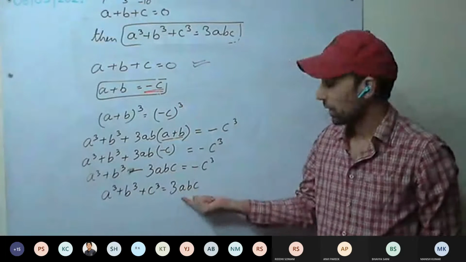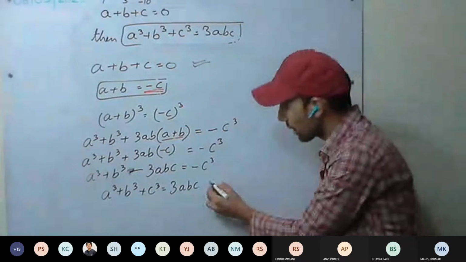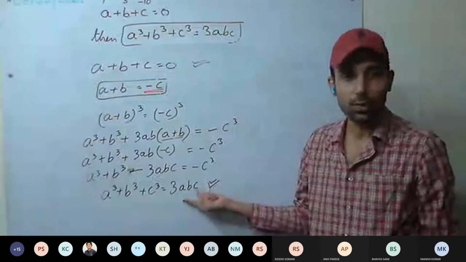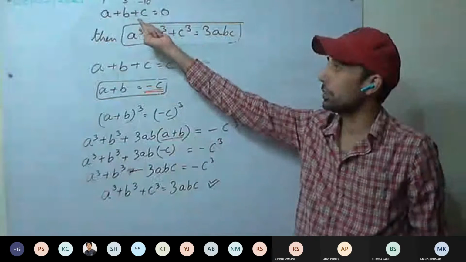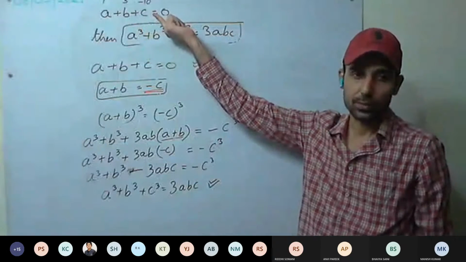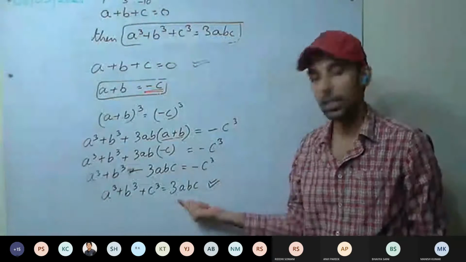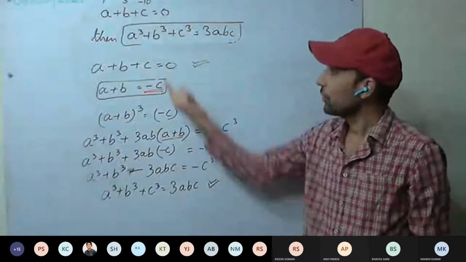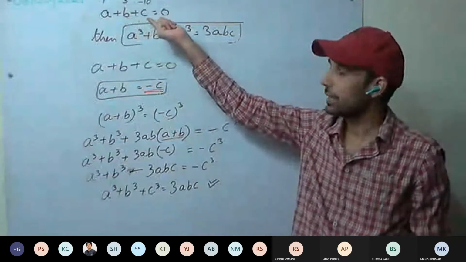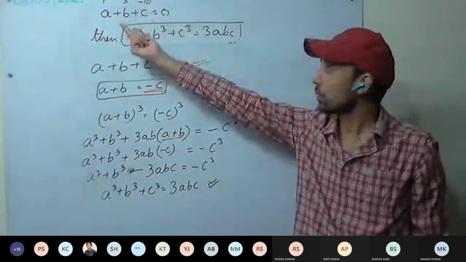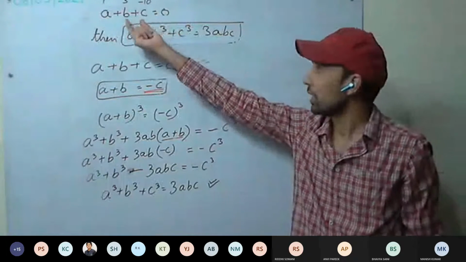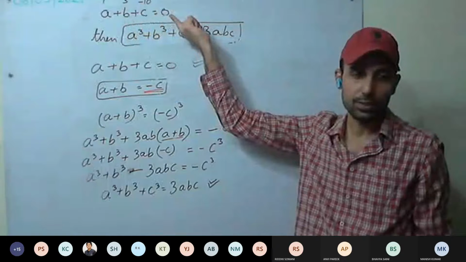Have we proved it now? This equation holds true only when a plus b plus c equal to 0. We can only apply this if the sum of these three values is 0. Understood?